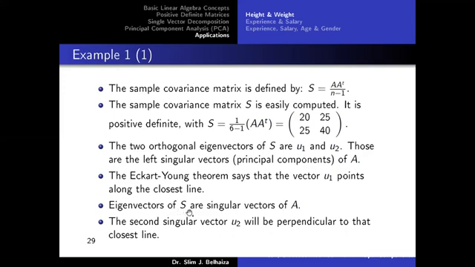So eigenvectors of S, in fact, are singular vectors of A. And the second singular vector U2, of course, is going to be perpendicular, just because we said that the U matrix in the singular value decomposition contains orthogonal vectors.